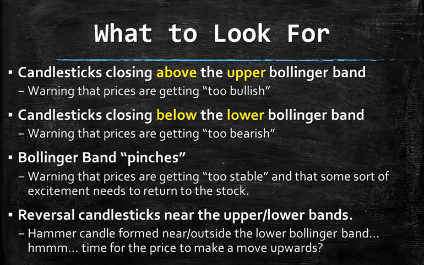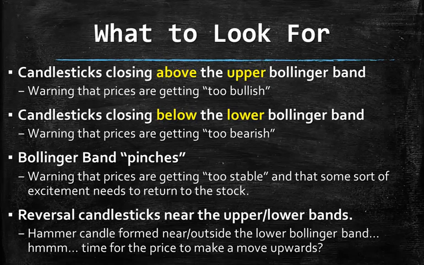And then reversal candlesticks near the upper or lower Bollinger Bands. So think about this. A hammer candle formed near or outside the lower Bollinger Band. Maybe it's time for the price to make a move upwards. Because think about that. It's like we've been doing layers of the onion. Okay, the first layer, you have a hammer candle. Now, where is this hammer happening?